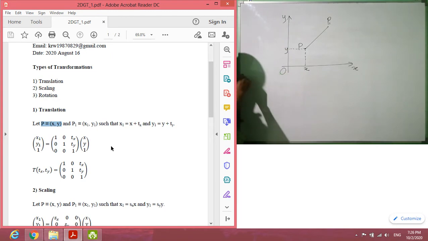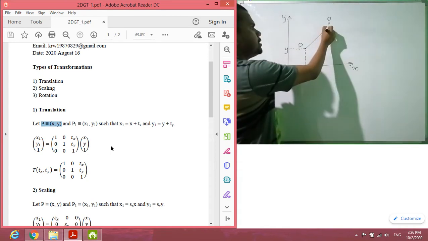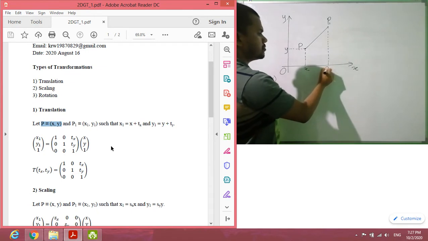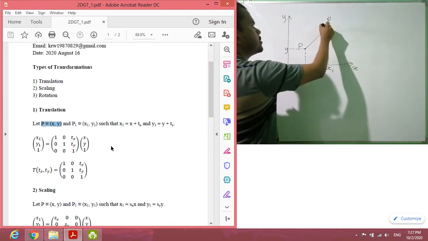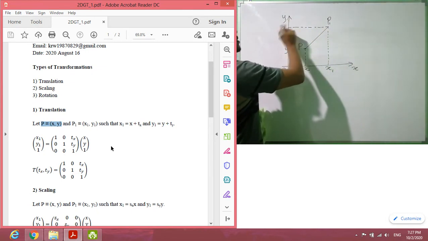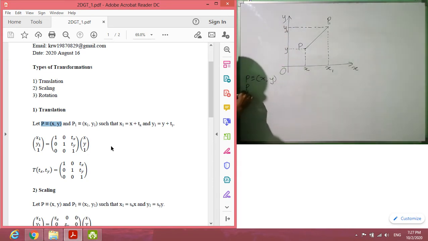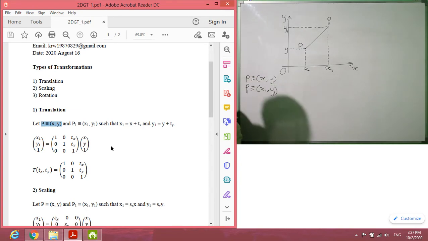Coordinates of point P are x comma y, and coordinates of P1 are x1 comma y1.